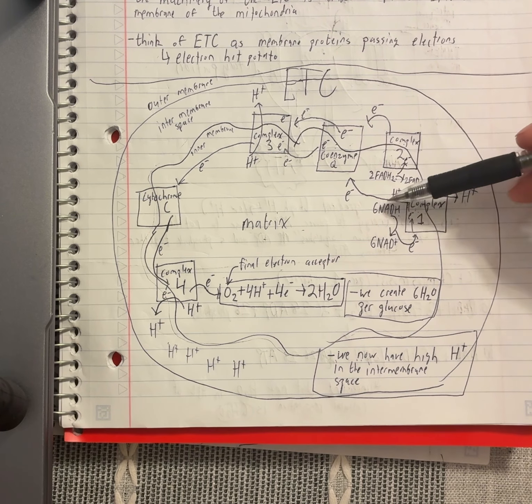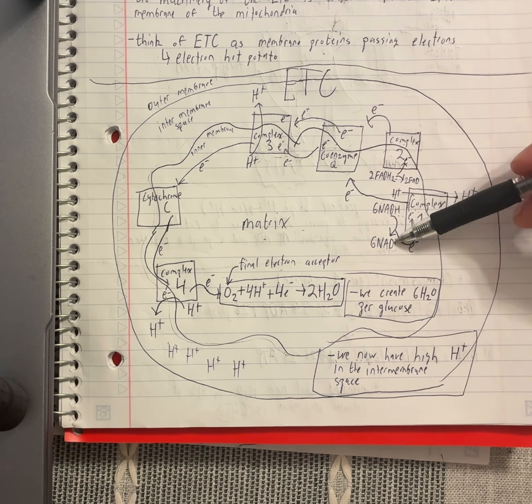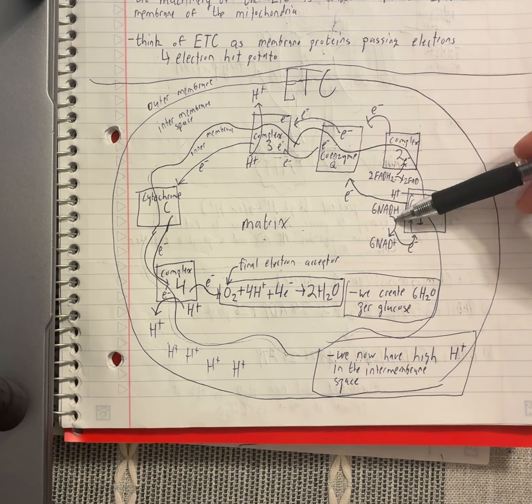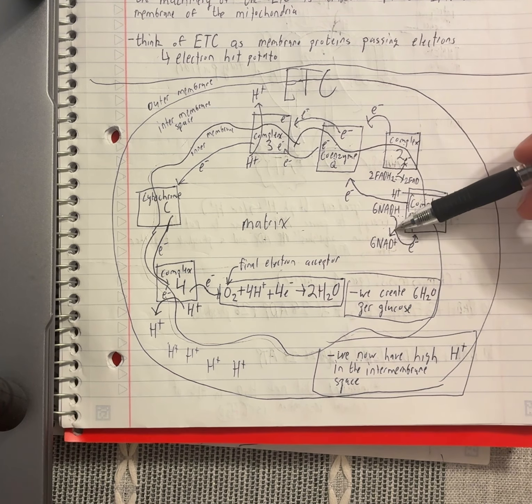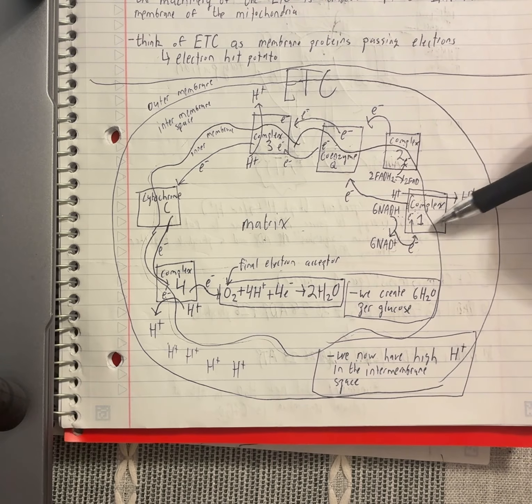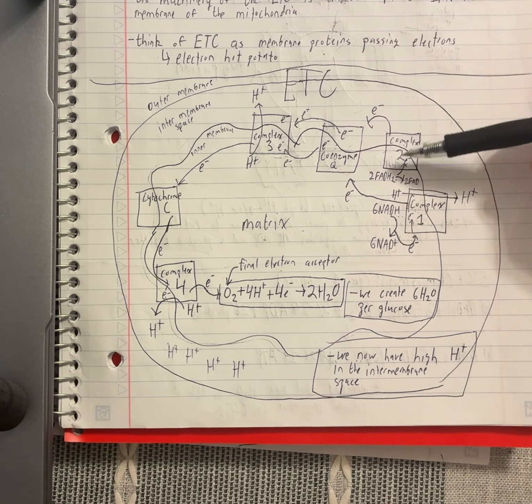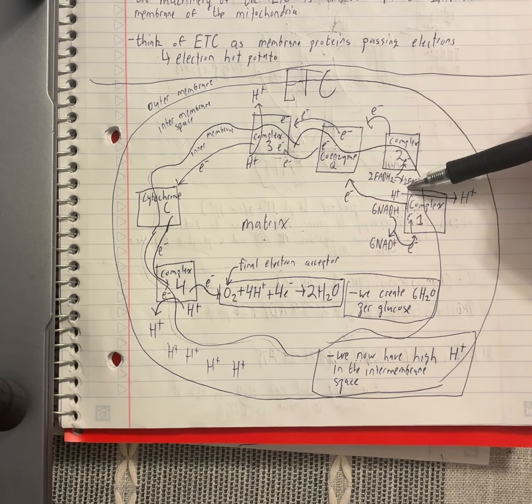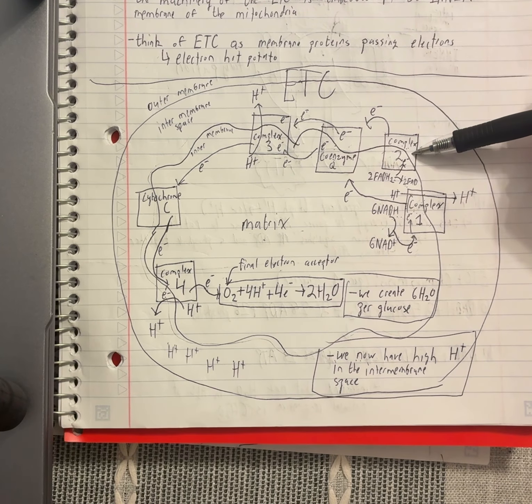So in complex 1, the NADH is going to be oxidized back to NAD+, and it's going to lose its electrons. So it's going to donate these electrons to complex 1. And FADH2 is going to do the same thing for complex 2, right?